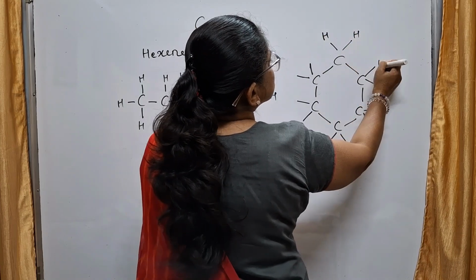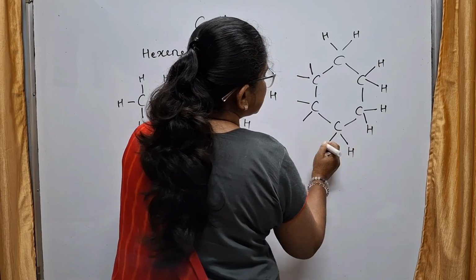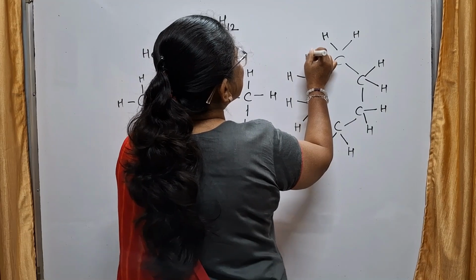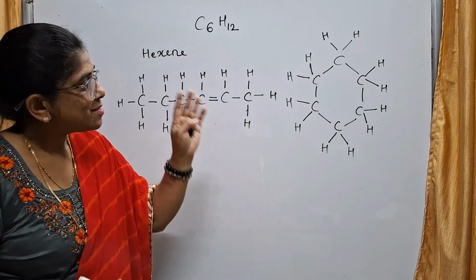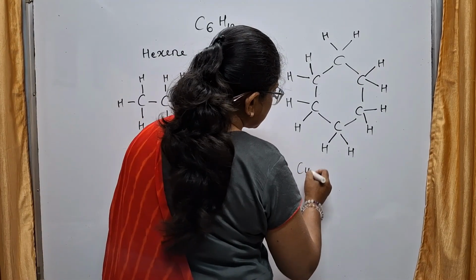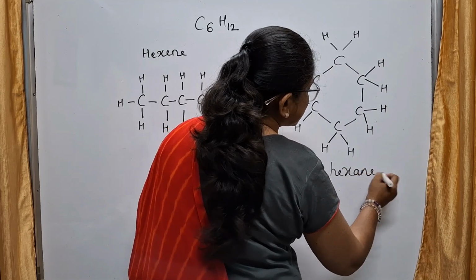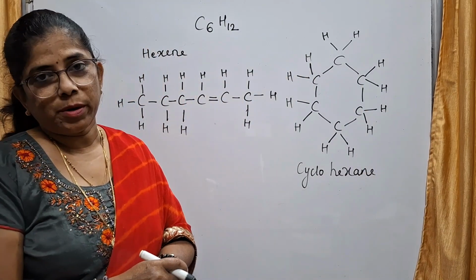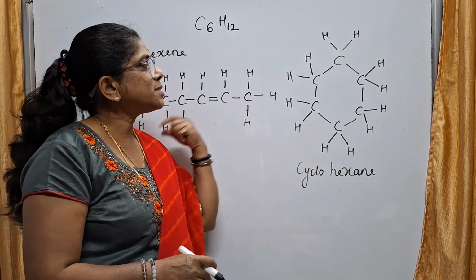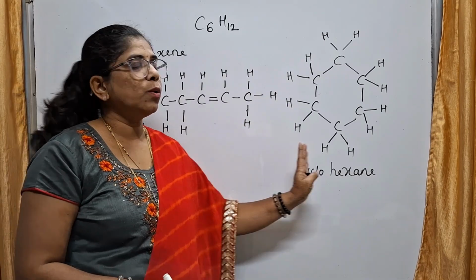So 12 hydrogens, C6H12. And this is nothing but cyclohexane. As there is a single bond between the carbon atoms, it's a saturated hydrocarbon, so it's hexane. As carbon is forming the ring structure, it's cyclohexane.